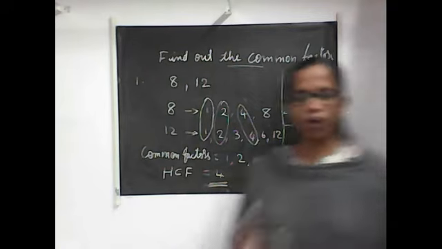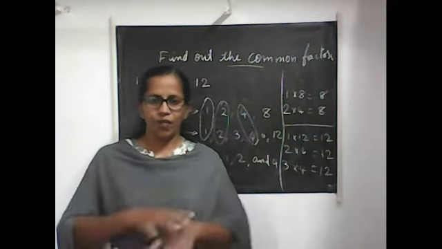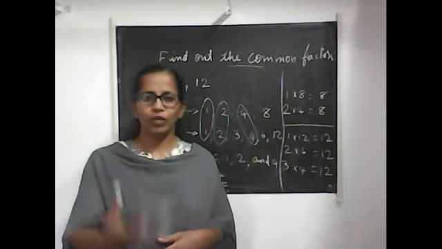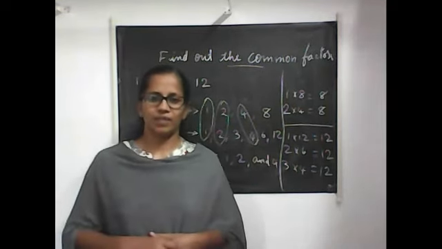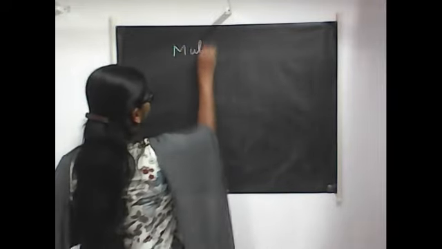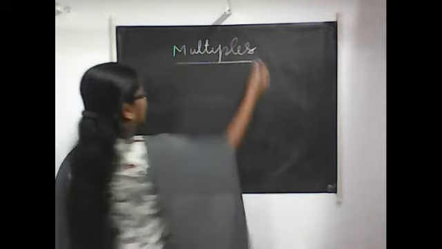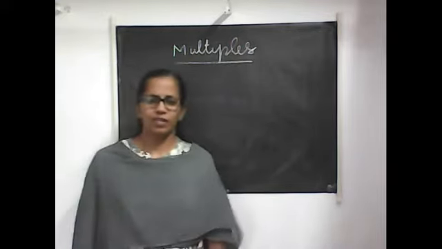Okay. Next topic that we are going to study is about multiples. Okay, factors is over. Next we are going to study what are multiples. Multiples is another term which is very simple.